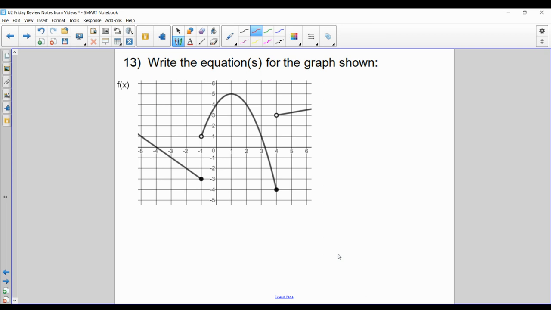All right, when we want to write the equations for the piecewise functions, we have to see how many different parts we have. So if we look at this, I can see that I've got two dividing lines that give me kind of three different regions.